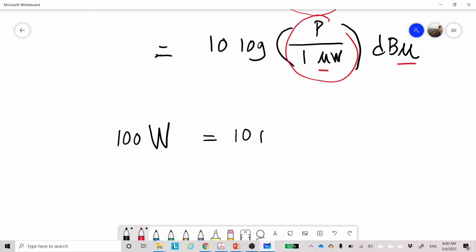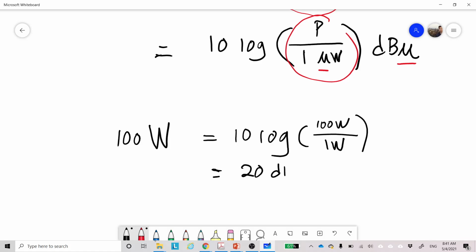So 10 log of 100 watt divided by 1 watt. So it is 100. So what I will produce is 20 dBW. Okay.